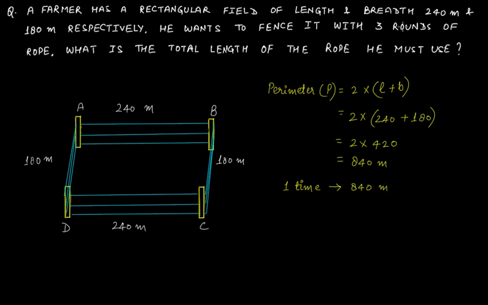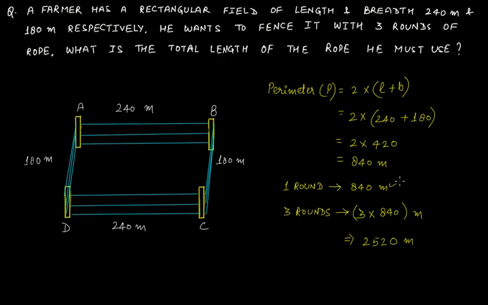So if we have to fence it with 3 rounds, 1 round is this much, then for 3 rounds, this will be 3 times 860 meter, and if you try to find it, this will be equal to 2580 meter.